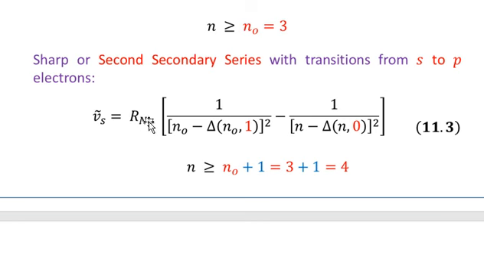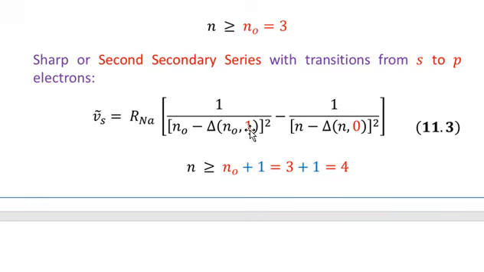Again, we have the Rydberg constant of the sodium atom, and in the square bracket two terms. In the first term we have delta, which starts with n naught, which will be 3 in this case, and the orbital quantum number here is L, because L stands for the p state.